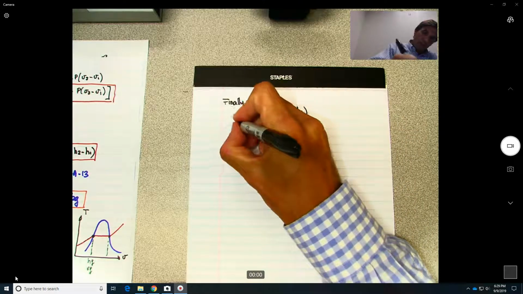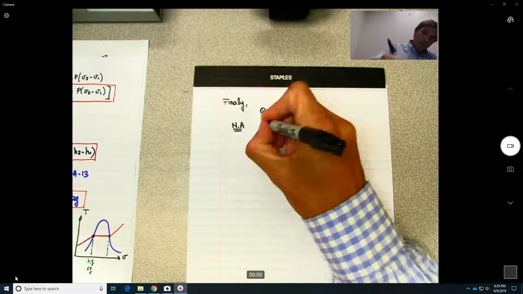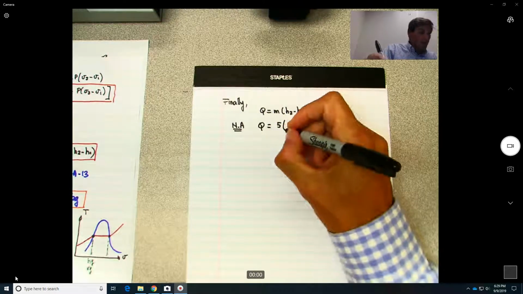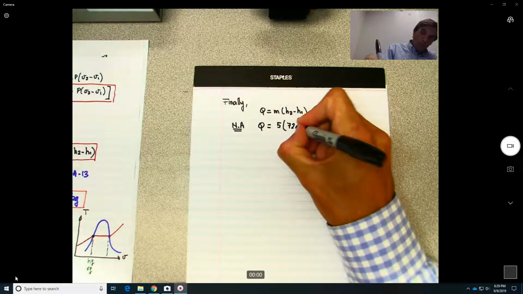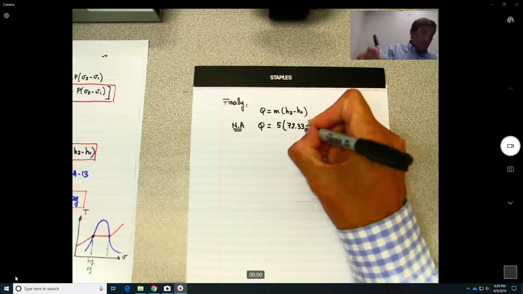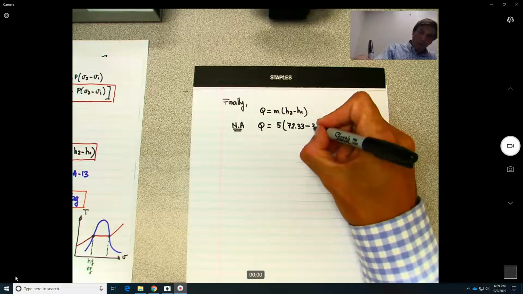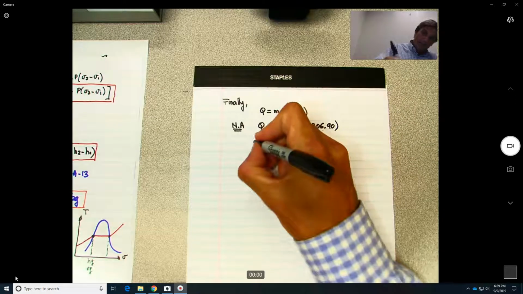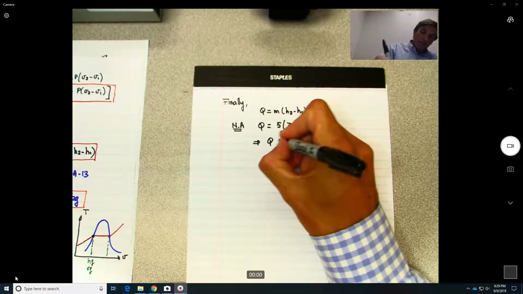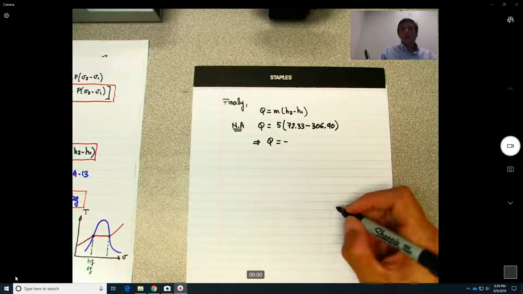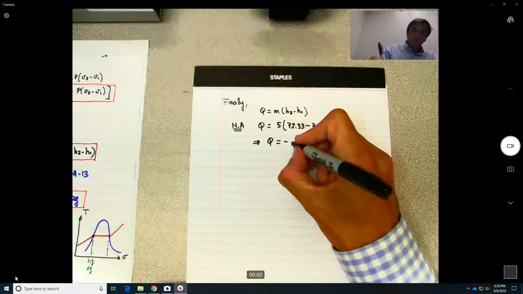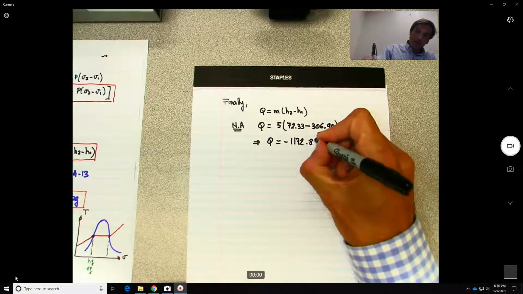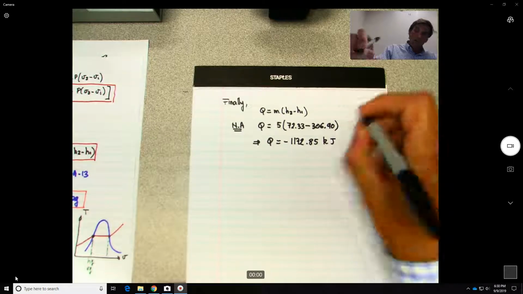So this will give us, for the numerical application, Q will be equal to 5 times (72.33 minus 306.90), which gives us minus 1172.85 kilojoules.